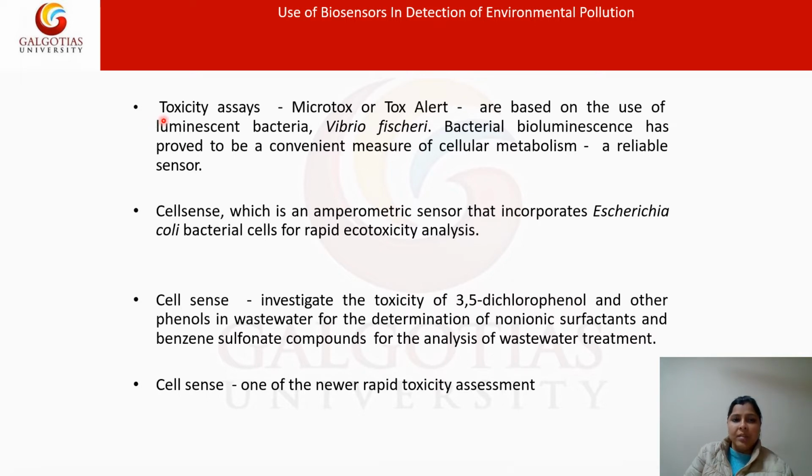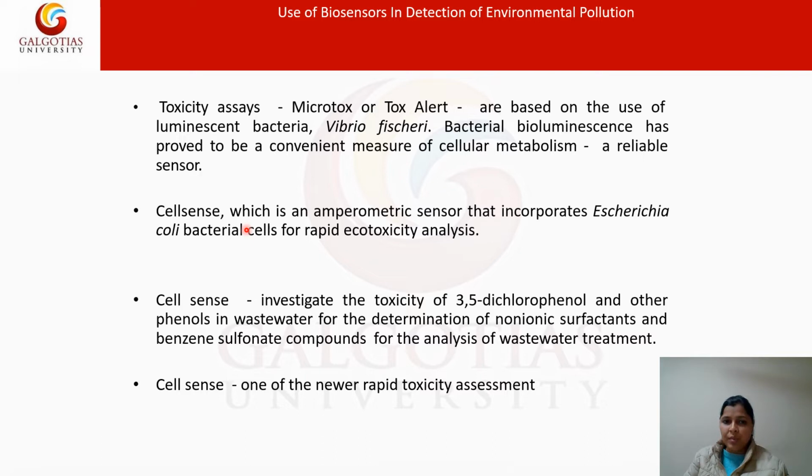Similarly, we have toxicity assays based on the use of luminescent bacteria. Bacterial bioluminescence has proved to be a convenient measure of cellular metabolism, which makes it a reliable sensor. Similarly, Cell Sense is an amperometric sensor. Amperometric sensors we have already discussed.